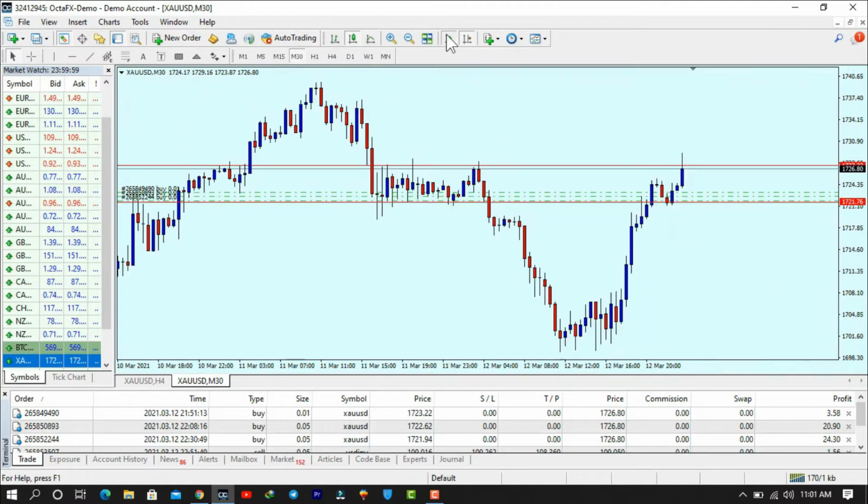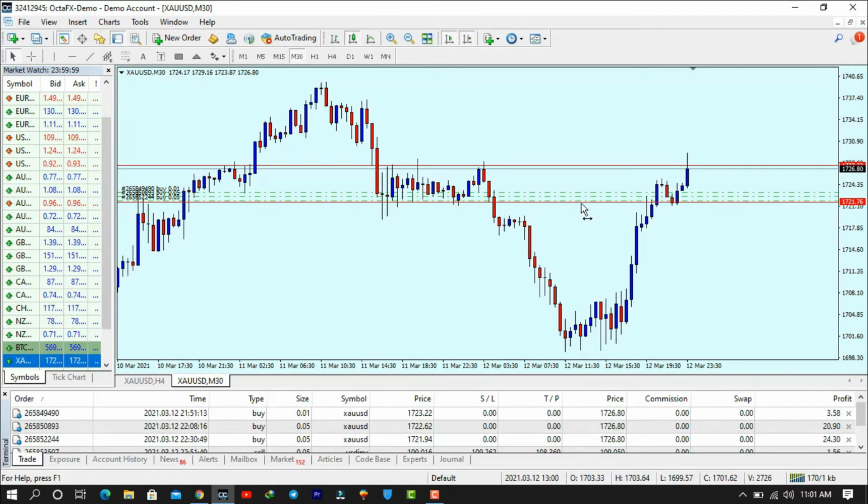Let me show you. Here it was a support, and you can see the rejections, the wicks of the candles, and you can also see the reversals when the market comes here and goes up from this level.